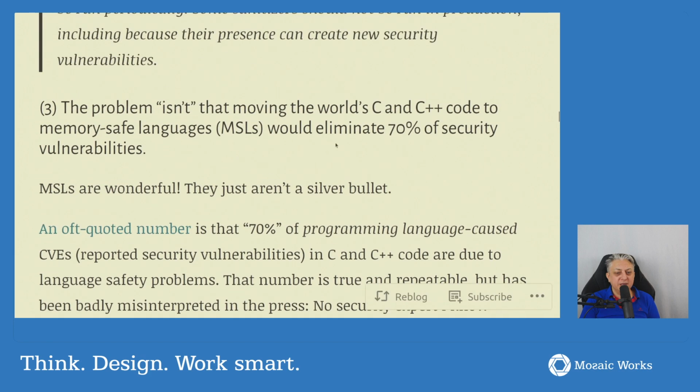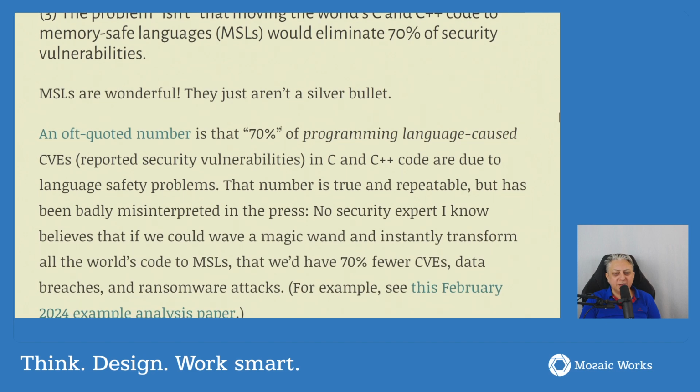The problem isn't that moving the whole C and C++ code to memory-safe languages would eliminate 70% of security vulnerabilities. So that's true. It's not that 70% of CVEs, reported security vulnerabilities in C and C++ code, are due to language safety problems.